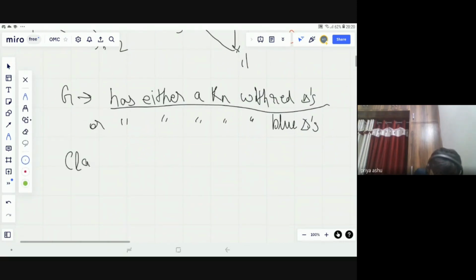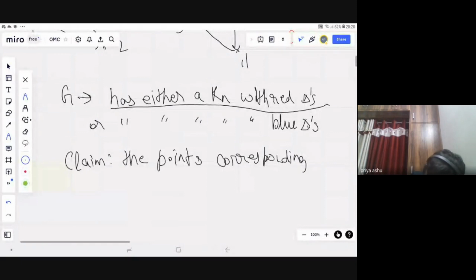Now we claim that the points corresponding to these n vertices are convex.